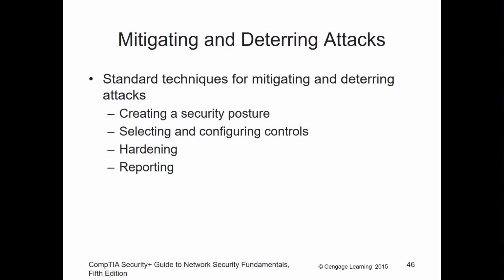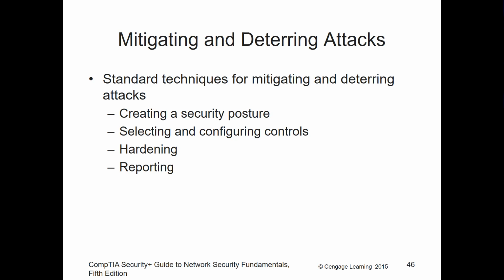So, mitigating and deterring attacks. The goal here is that the standard techniques for mitigating and deterring attacks create the appropriate security posture for your industry, for your size, and so forth. Having both change management and configuration management so you can have selecting and configuration controls that are a little bit more up to speed and appropriate for the industry. Device hardening.